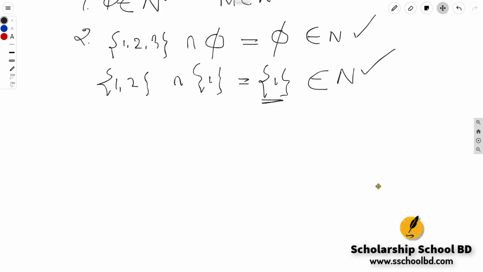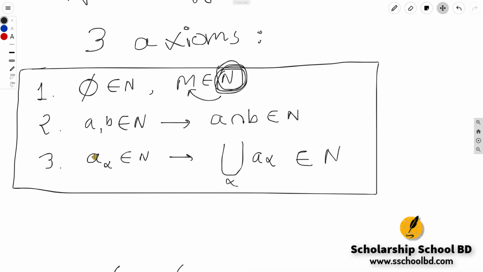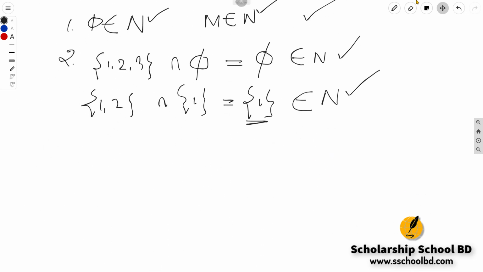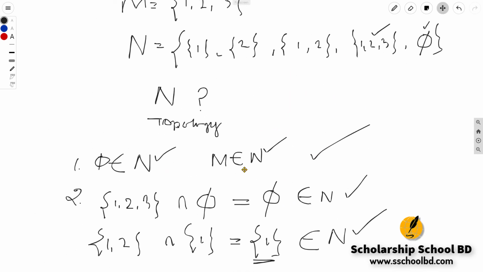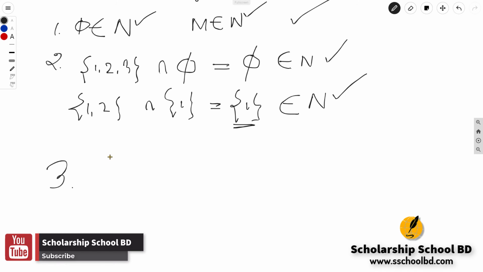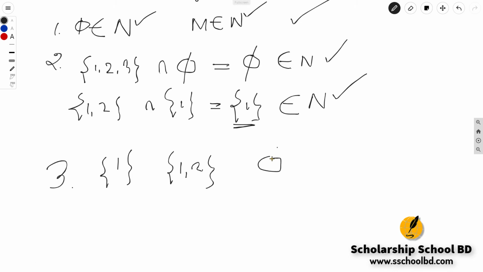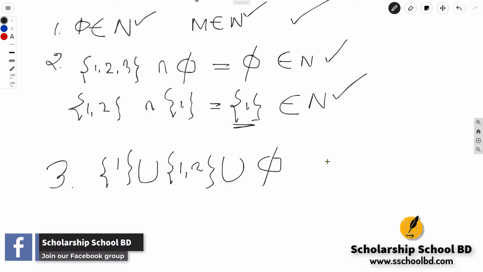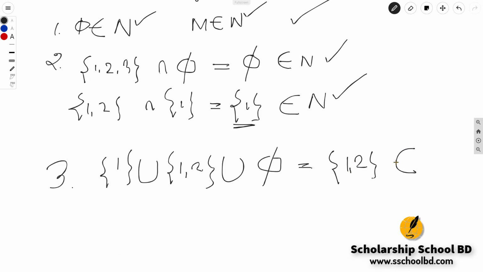Now coming to the third axiom, which states that if I take a collection of elements from n and take the union, then the resultant should also be present in n. Let's take a collection of elements from n. Let's take three of them: {1}, {1, 2}, and phi. If I take the union together, I can see the resultant member {1, 2} is a member of n.